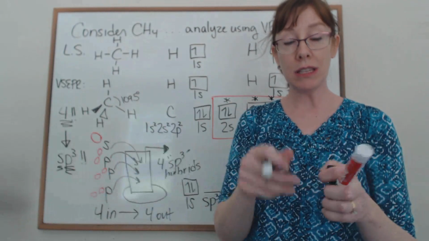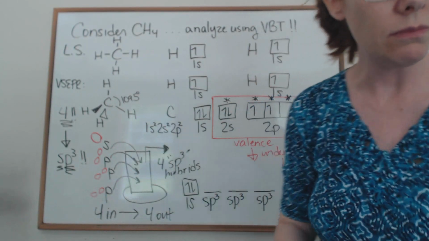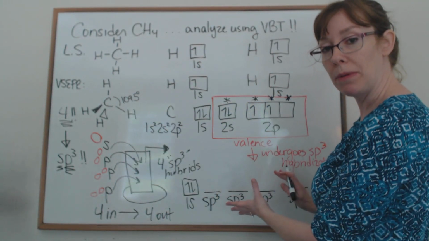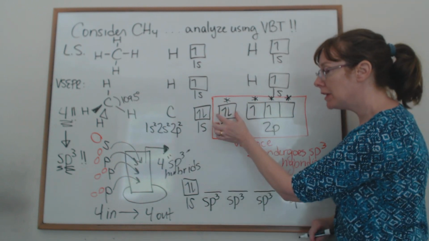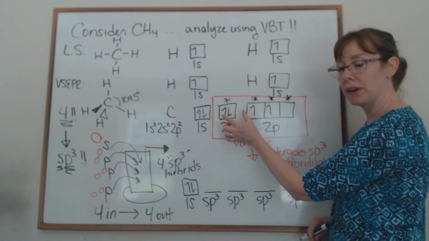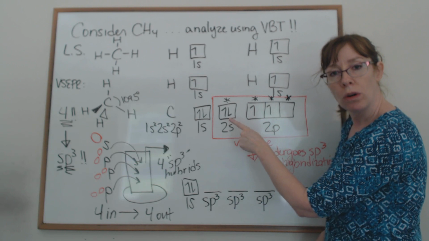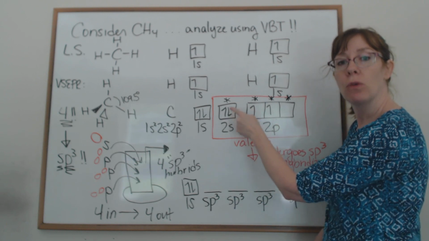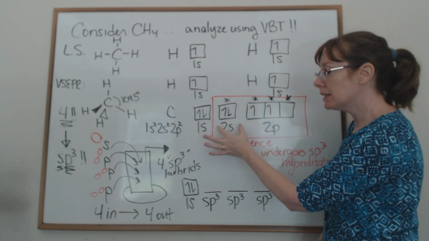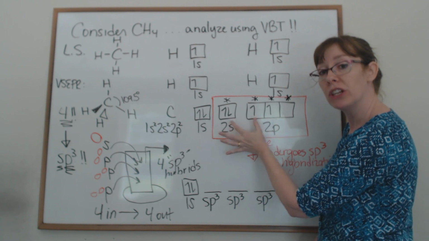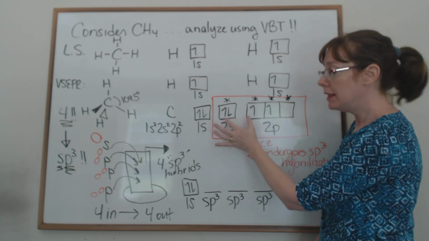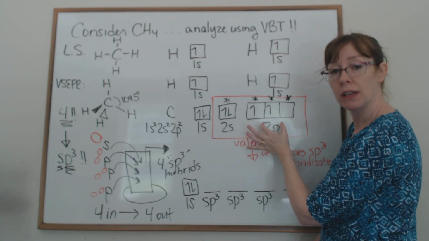Now, how do the electrons of carbon fill up these orbitals? Because it's like a new type of orbital diagram. You still have these 4 valence electrons, but here's the difference. When you had standard orbitals, this had to fill up first before you could start entering these, because the 2s was lower in energy than the 2p, Aufbau principle. These had to fill up before you could enter this.